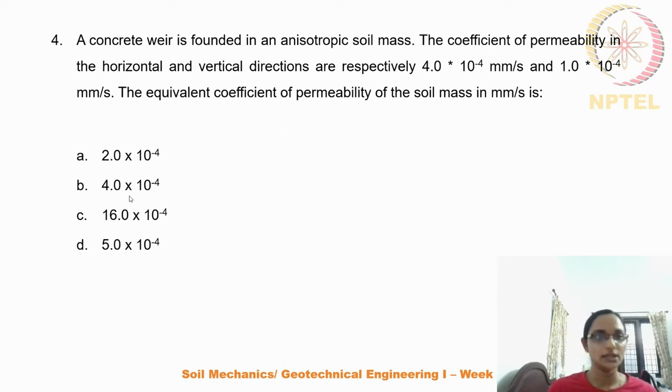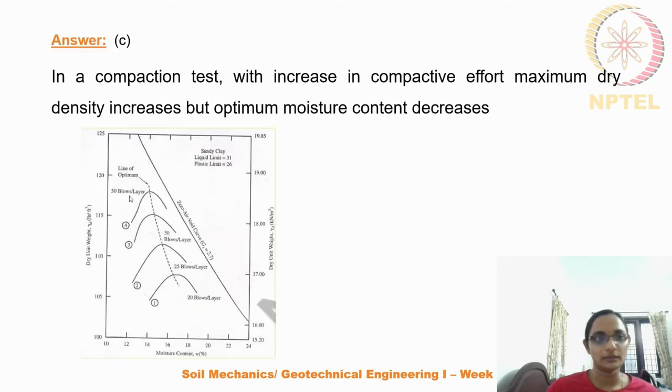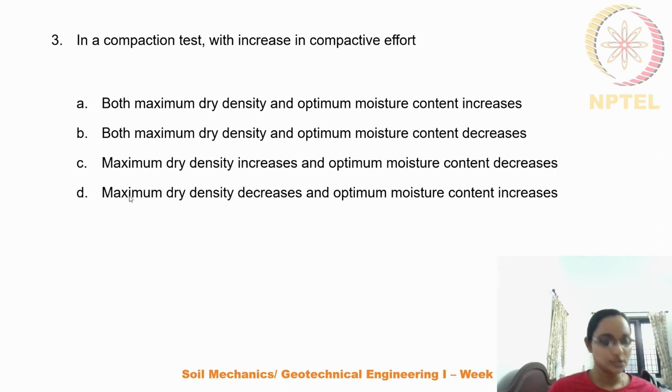Okay, we'll move on to the next question. Okay, previous question. All right. So in this question, in a compaction test, the question asked is, when we increase the compactive effort, that is, the effort or force applied for compacting, what will happen to maximum dry density and optimum moisture content?